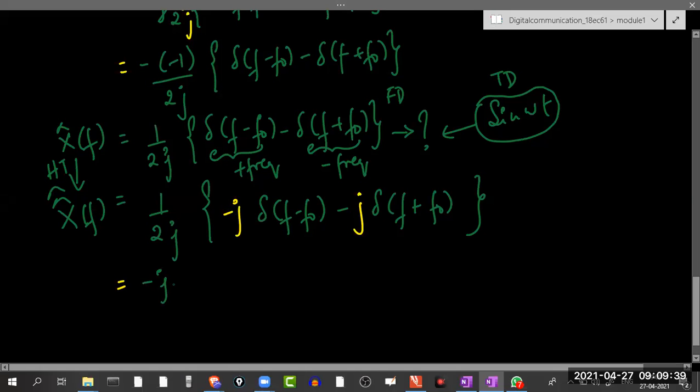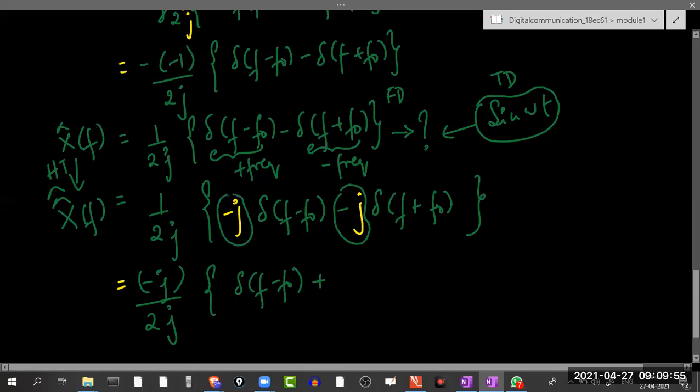Negative j, I'll take it outside, divided by 2j, and within these flower brackets I'll have delta f minus f naught, and here I'll have plus sign left because right now I'm trying to take the entire negative j outside. Delta f plus f naught.